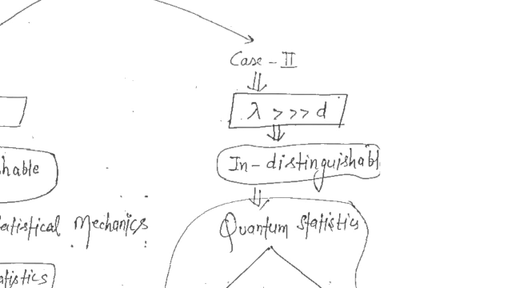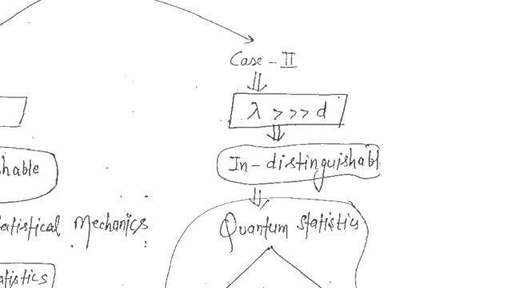Please try to imagine what I am saying. The particles are in such a way that the distance between the particles is very less than the wavelength. The wave will not distinguish each and every particle. That's why we say that these particles are indistinguishable.